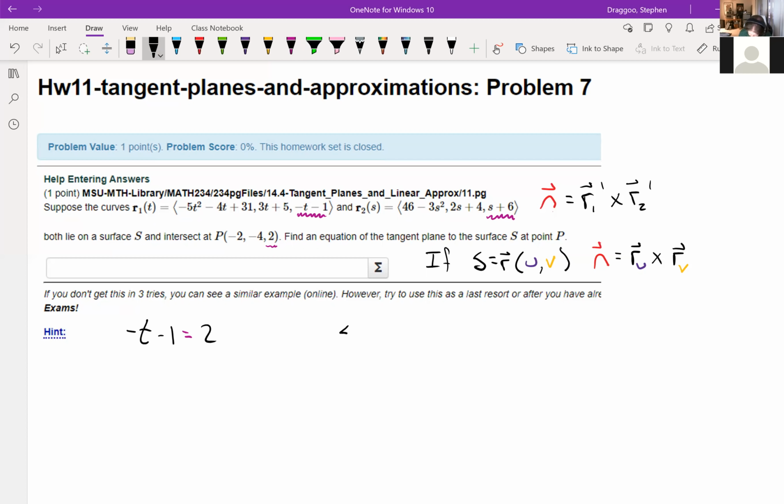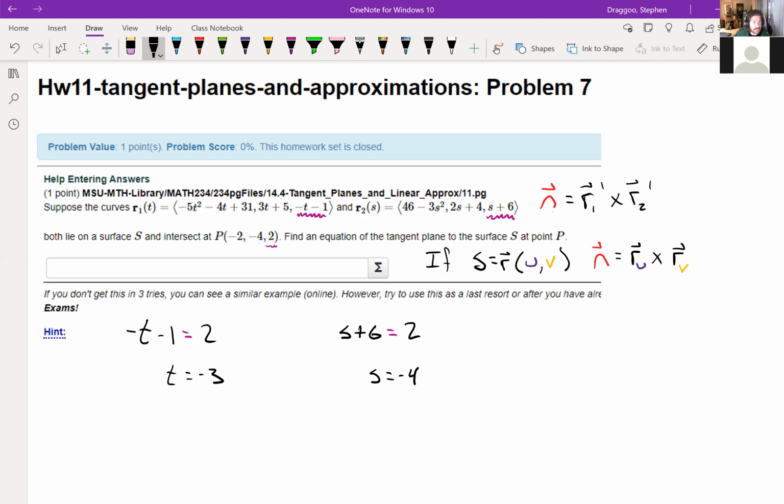And on the other side, s plus 6 is equal to 2 as well. I'm setting the whole line equal to the point (-2, -4, 2) and solving for s and solving for t. I just decided I would cherry pick the easiest example to pick up those values. So I think I get that t is equal to -3, s is equal to -4.